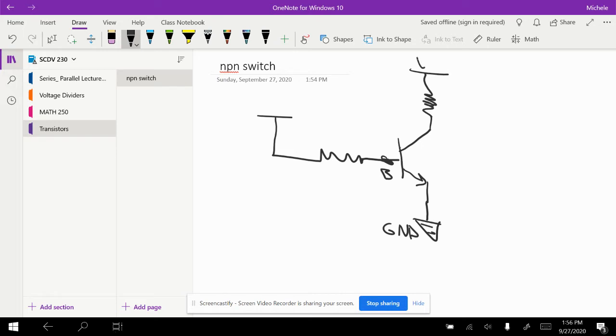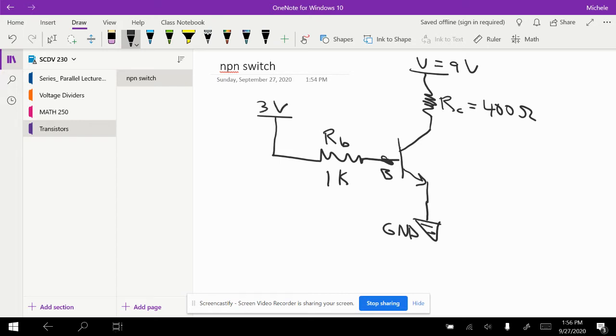So this V is going to equal 9 volts. This resistor RC is equal to 400 ohms. And this resistor RB is 1K. The other thing is I'm going to say that this source is going to be 3 volts.